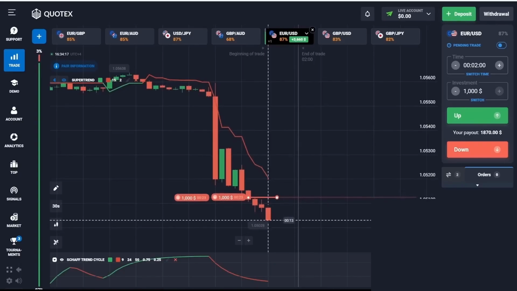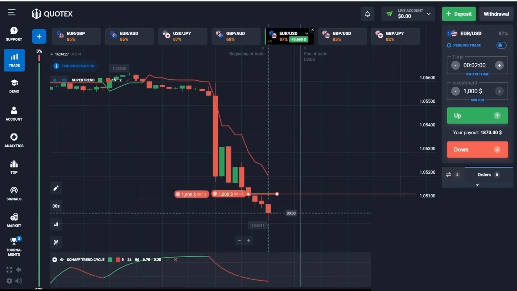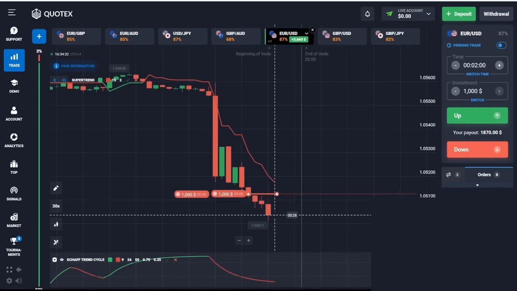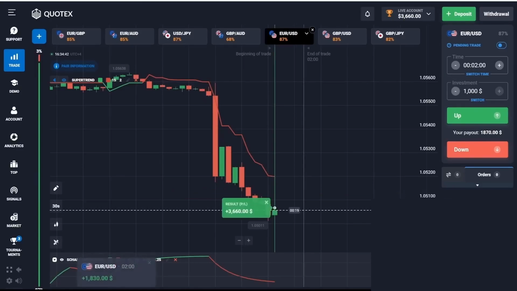I also take into account the Supertrend line, which should move in the downward direction, that is along with the Schaff Trend Cycle signal. The Supertrend indicator should also give a signal. And in this case, if the trend is downward, I open the position, and everything is going in a perfect way. The first great win.